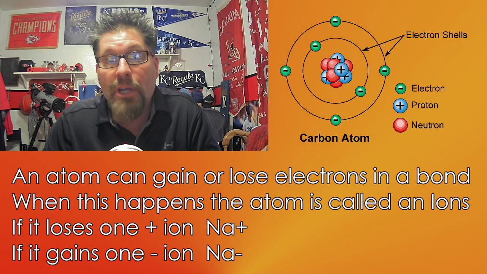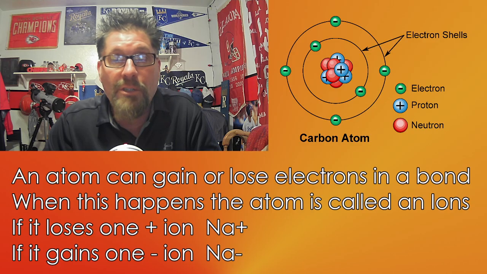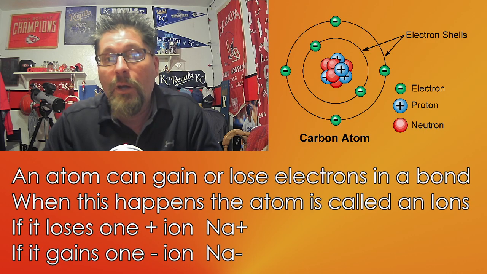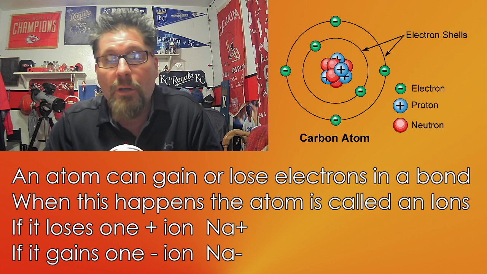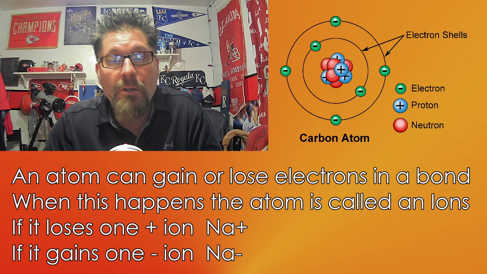But the electrons can be transferred or shared in variations of bonds, and that changes the atom, and it also changes the identification of the atom, which we're going to talk about here. So if an atom loses or gains an electron in a bond, that's called an ion, and it can be a positive ion, it can be a negative ion.